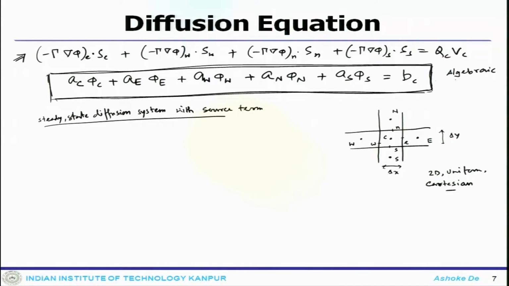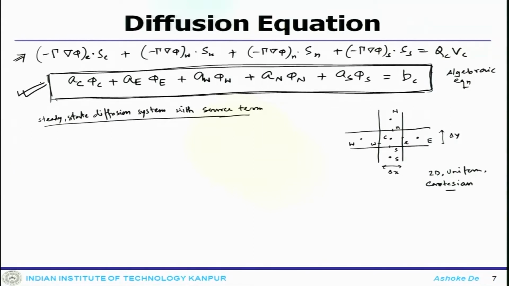So what we have done so far is, we considered one 2D Cartesian grid, and one interior element inside that grid, and discretized the steady state heat transfer equation, or the diffusion equation, and obtained this algebraic system.